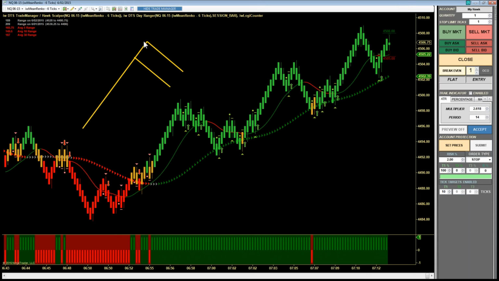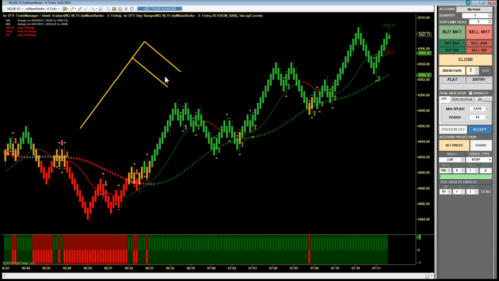Now, a bull flag occurs in an uptrending market. You get this little retracement period, and then the market continues in the direction of the trend. A bear flag does just the opposite. You have a market heading lower, you get this little consolidation pattern, and then you get the market continuing with the trend.